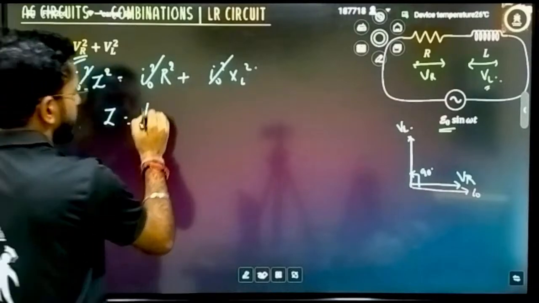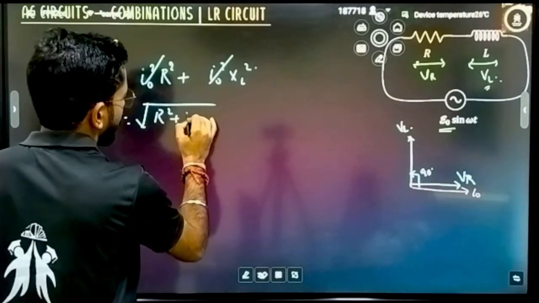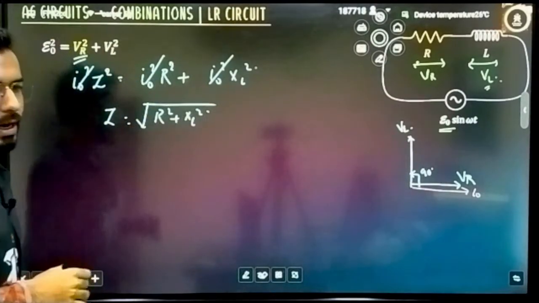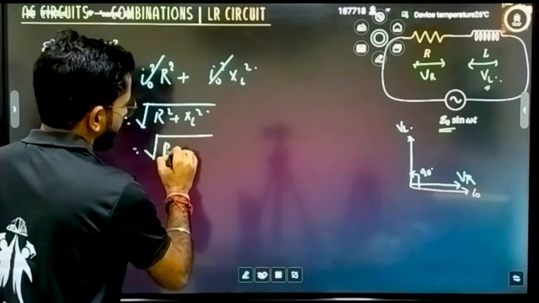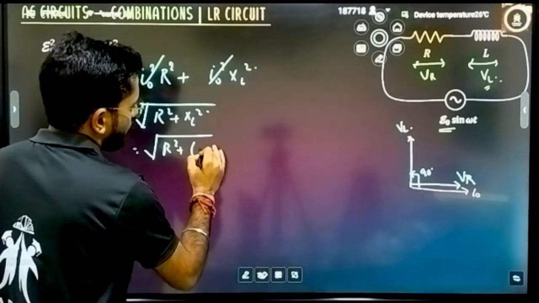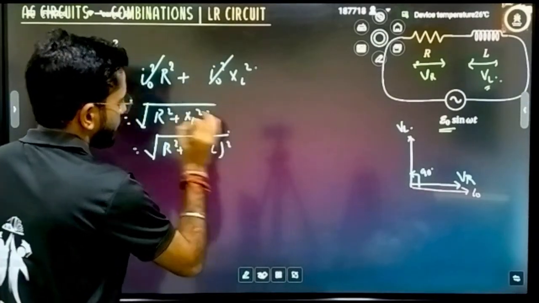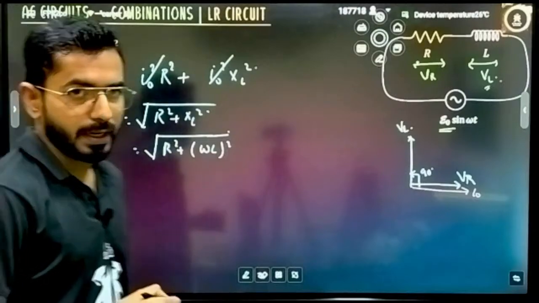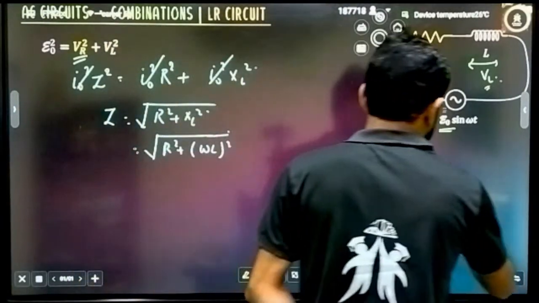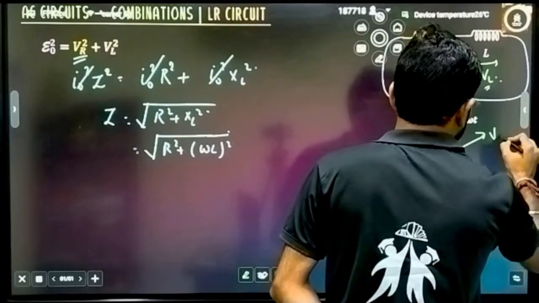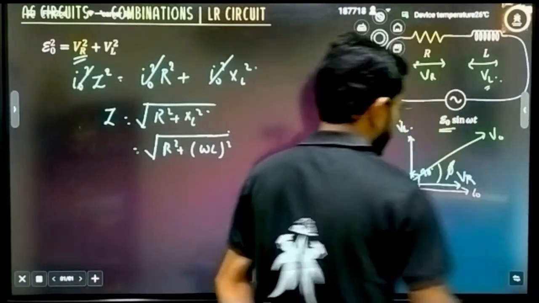Z can be written as the square root of R square plus XL square. And how will you write XL? XL is omega L, the formula for the inductor. That means your resultant V naught will be in this direction, and this angle is called phi.